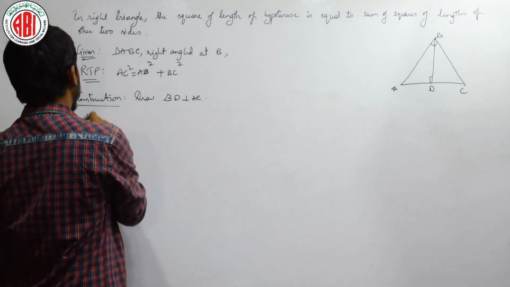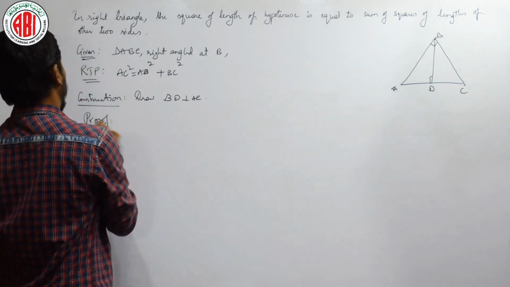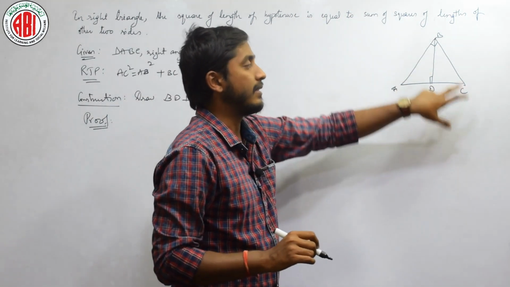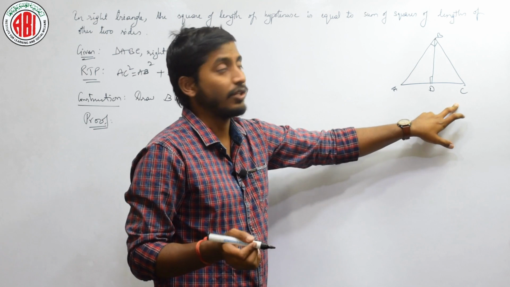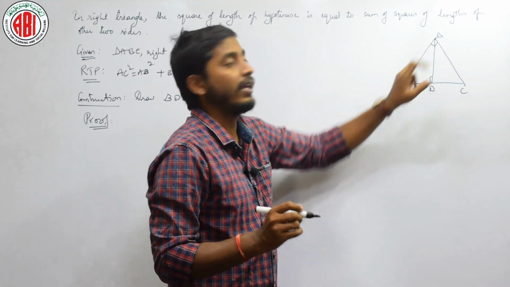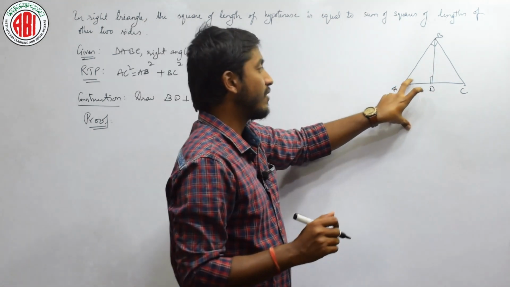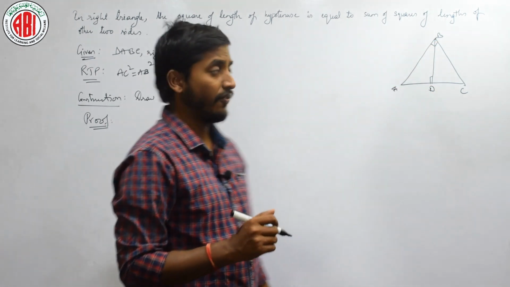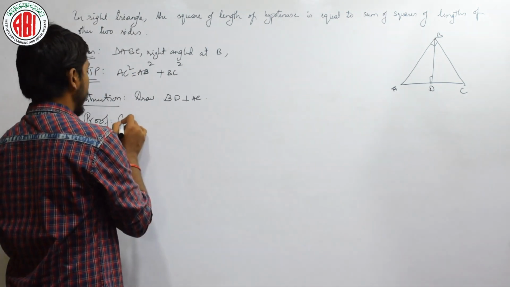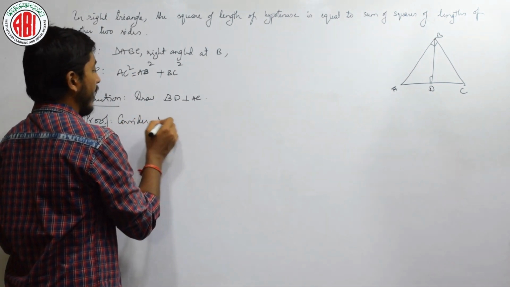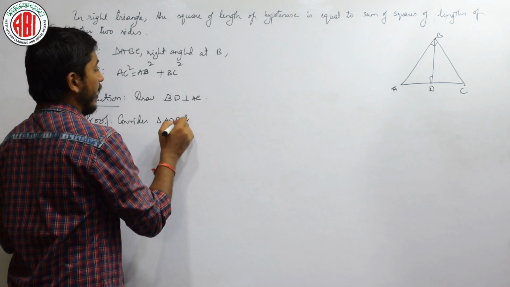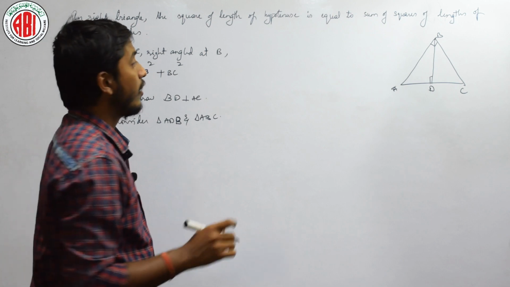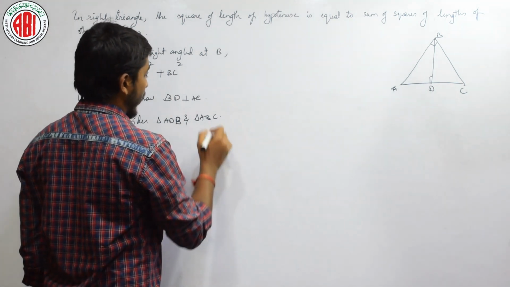The next step will be our proof. If you observe here, triangle ABC is similar to triangle ADB. Why? Angle A is common, angle D is 90 and angle B is also 90. Consider triangle ADB and triangle ABC. A is the common point.